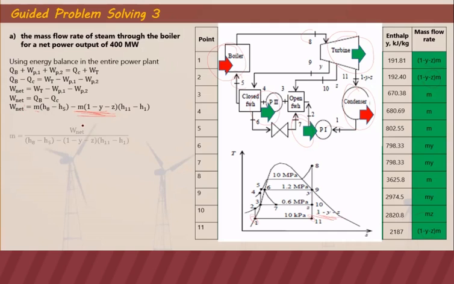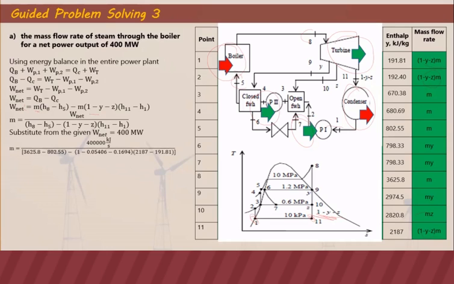So our mass flow rate is just equal to work net divided by this value if we rearrange this one. Since we already have a work net that is given as 400 megawatt, and we already have y, z, and the enthalpies, we just substitute those values and solve for the mass flow rate.